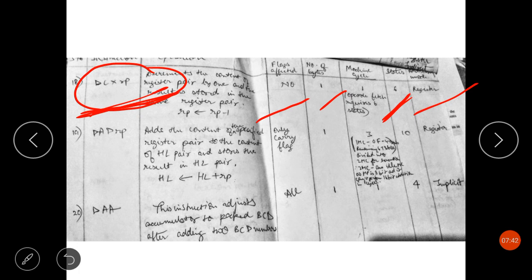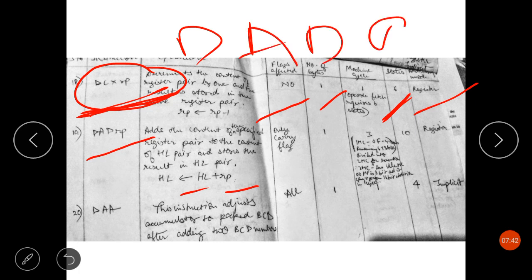Now the next instruction is DAD RP. What it will do is add the content of the register pair with the HL pair. So whatever register pair is mentioned, suppose DAD B, it will add the content of the HL register pair and the content of the BC register pair, and store the result in the HL register pair.